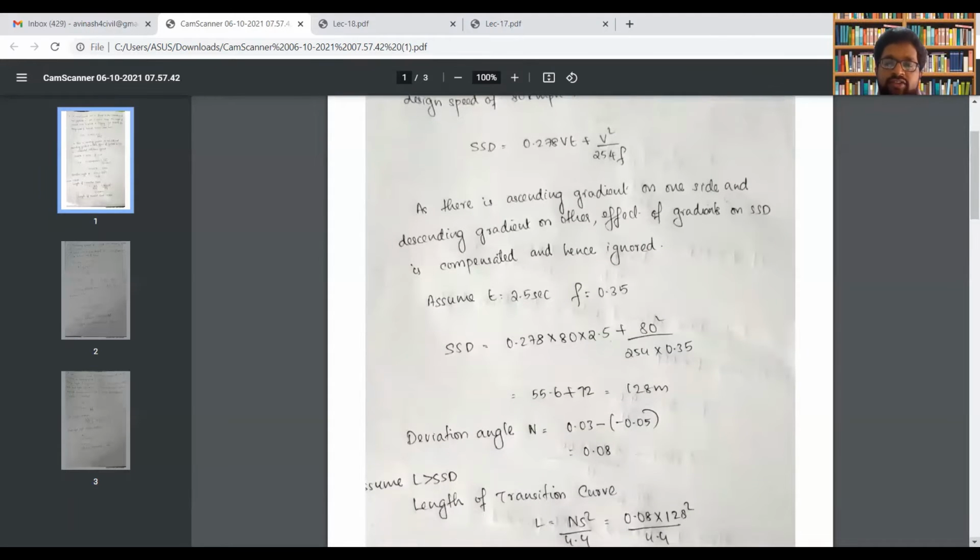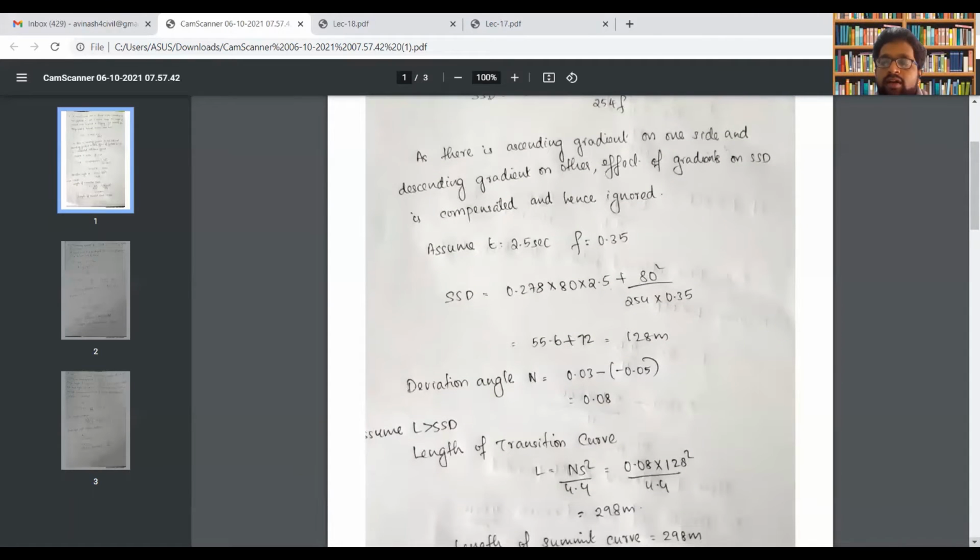Now find out the deviation angle. Ascending gradient minus descending gradient, but here the second gradient is a descending one. So ascending gradient 0.03 plus 0.05 will give 0.08 as the deviation angle. Now you have to make an assumption whether the length of transition curve is greater than or less than the stopping sight distance.